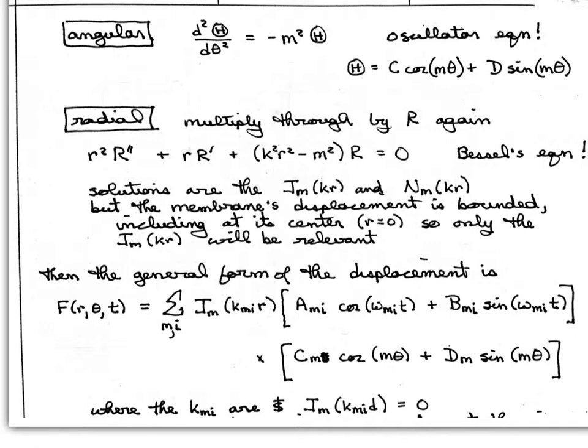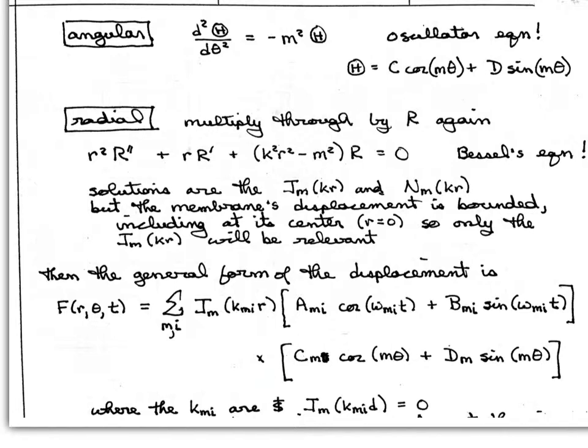So the entire form of our function describing the displacement of the drum membrane is then the sum of terms that depend separately on the three variables. There's a product of the Bessel function times the oscillation frequency part here from the temporal part of the equation times the angular part here.